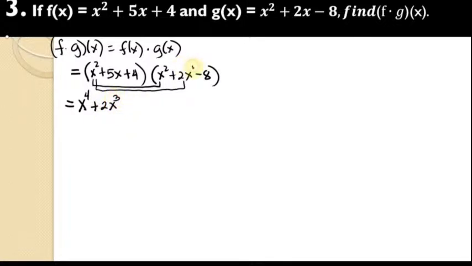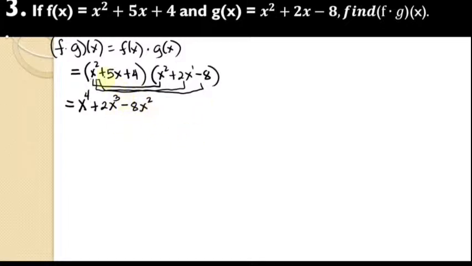So understood na may 1 dito, so 1 plus 2, so magiging 3 na yan, or cube. Next, x squared, isa-isahin natin, x squared times negative 8, so that is negative 8x squared. Pwede rin horizontal yung pag-multiply nyo, pwede rin vertical.